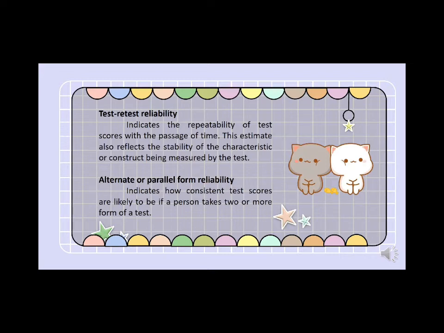For example, an individual's reading ability is more stable over a particular period of time than that individual's anxiety level. Therefore, you would expect a higher test-retest reliability coefficient on a reading test than you would on a test that measured anxiety.